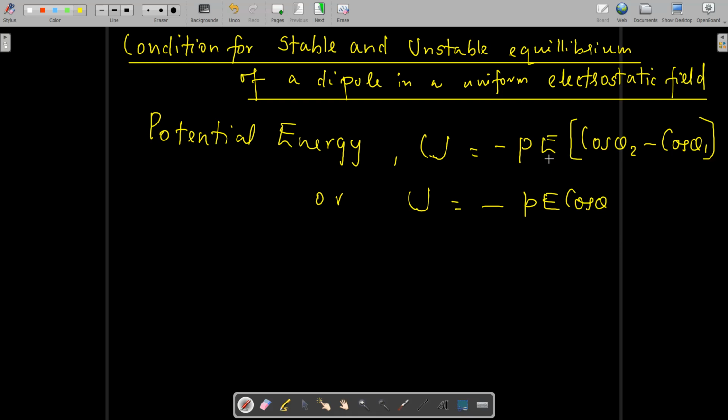See, according to the first equation, potential energy is minus PE into cos theta 2 minus cos theta 1.